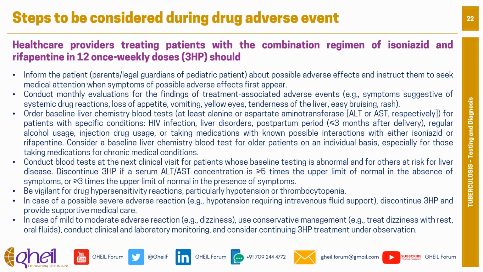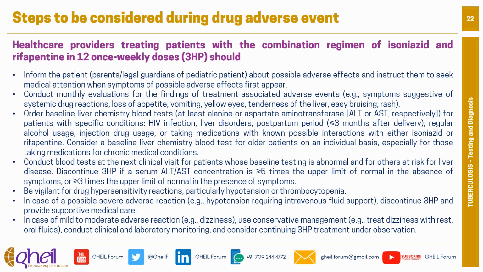Conduct monthly evaluations for the findings of treatment-associated adverse events, e.g., symptoms suggestive of systemic drug reactions, loss of appetite, vomiting, yellow eyes, tenderness of the liver, easy bruising, rash.